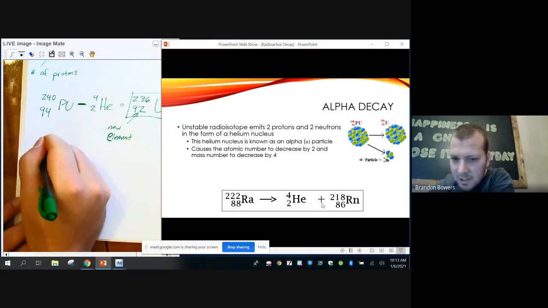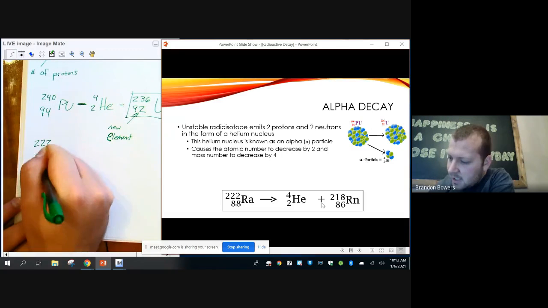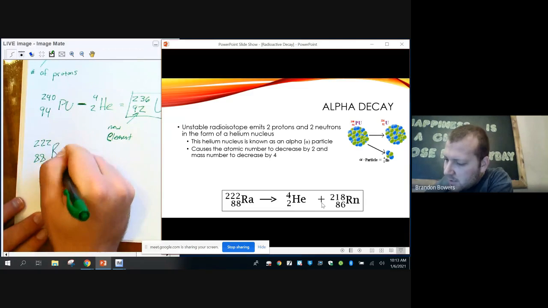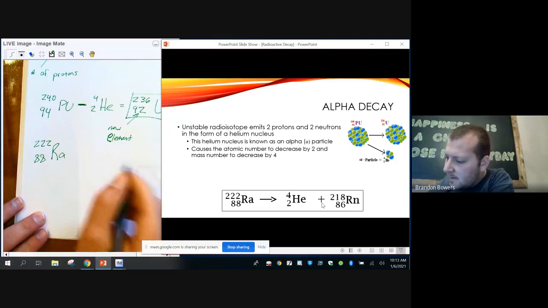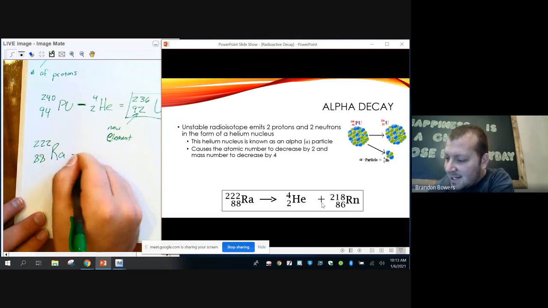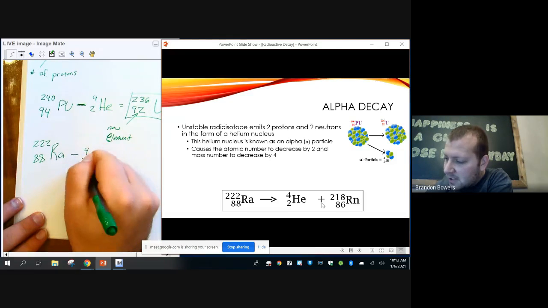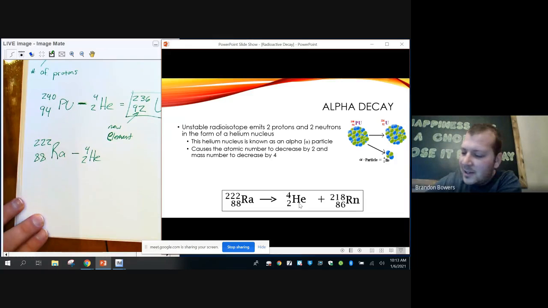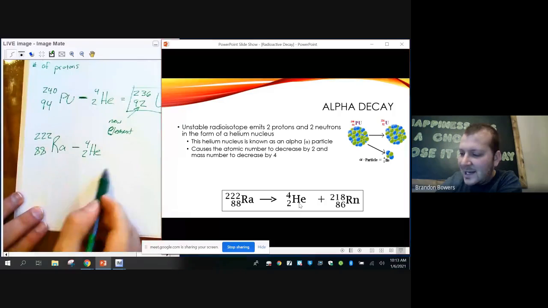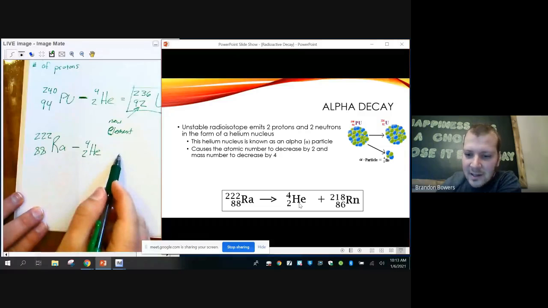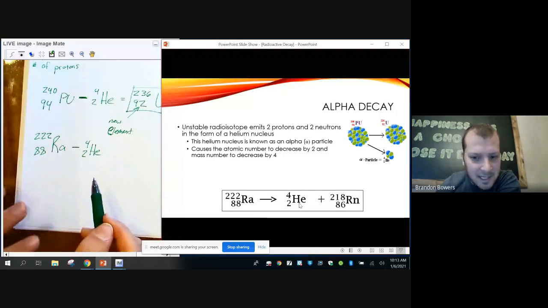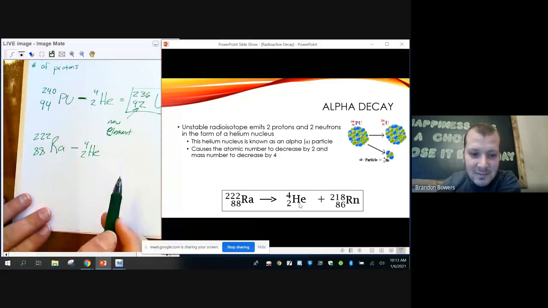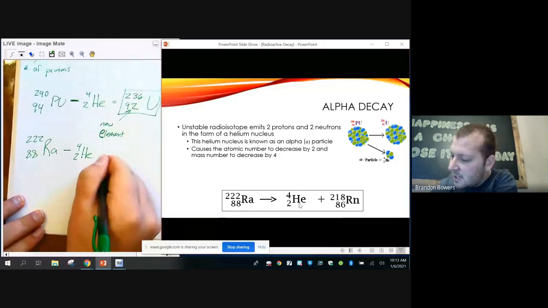You have 222, 88 radon, minus an alpha particle, minus a 4-2 helium. In this example, they took helium to the other side, so they just added it over. But it's the same thing. I like subtracting it because it's emitting.